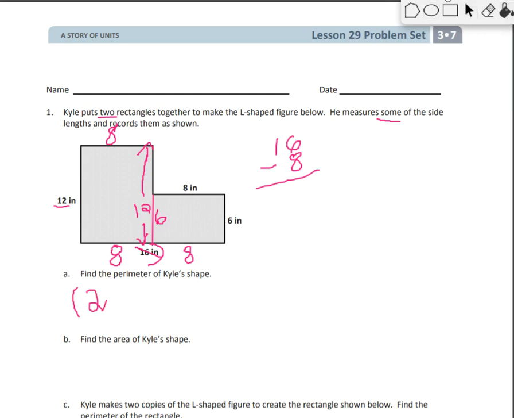Oops. I started with a parentheses instead of writing my 12. 12 plus 12, so I know this is 24. Plus 8 and 8. That's 16.